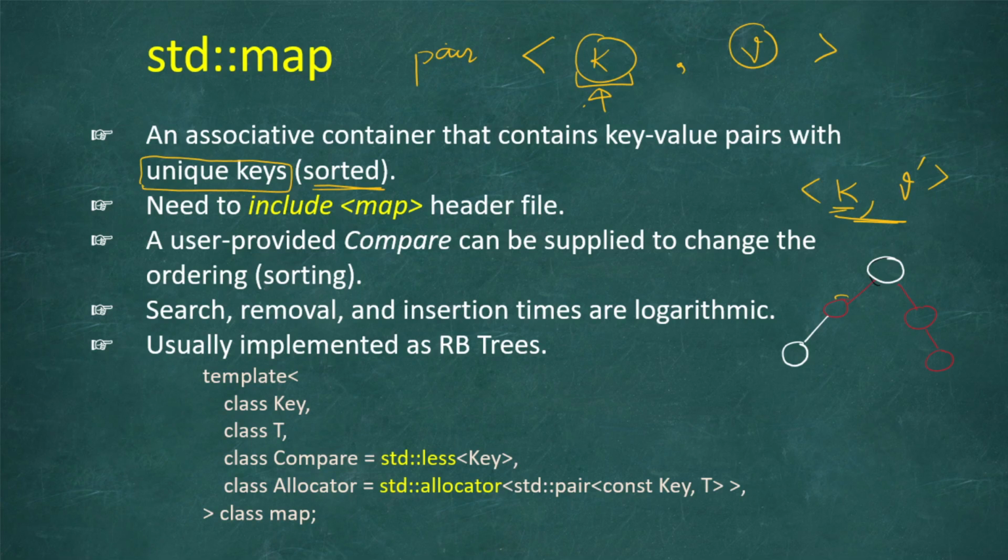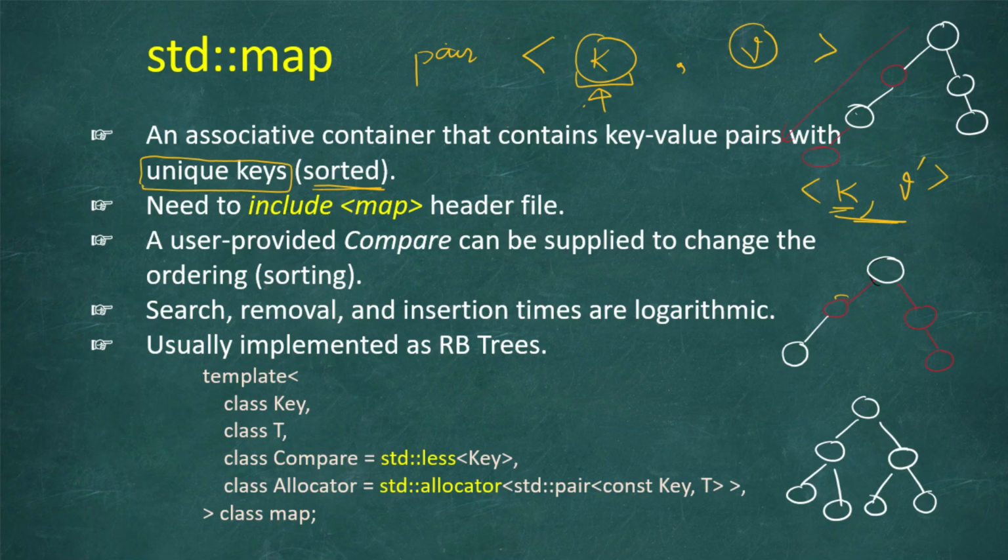So the best case can be that it's perfectly balanced, where we have either alternate red and black or all are black. The best scenario would be this. The worst scenario would be that we have alternate red and black. So we have black followed by red followed by black followed by red, and so on. So we are trying to increase the depth. On the other side, the minimum possible would be, if we have two black here, then here it should be minimum two black.